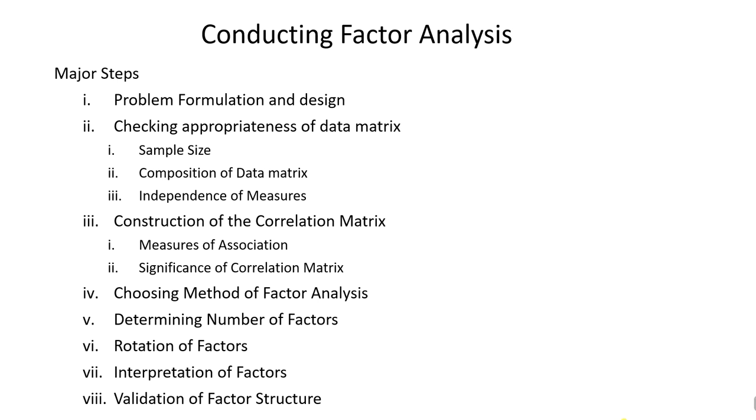For example, in my previous lecture, I gave an example that we analyzed 4 variables and found that 2 variables, vocabulary and comprehension, are highly correlated, and on the other hand, picture completion and picture assembly are highly correlated.